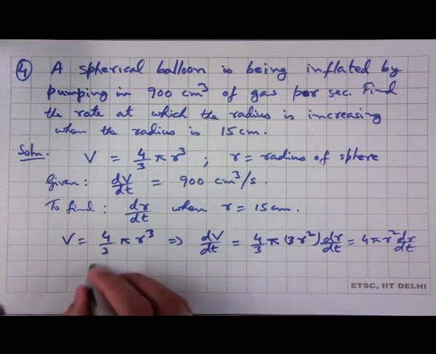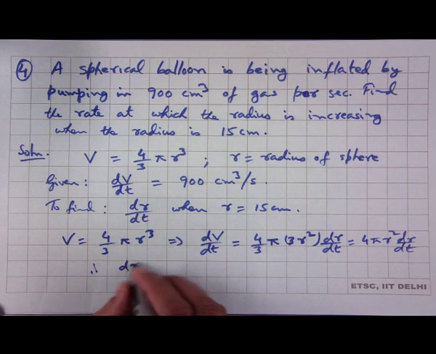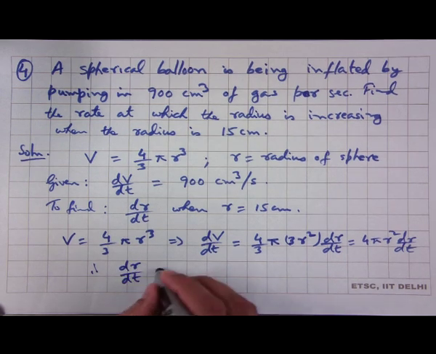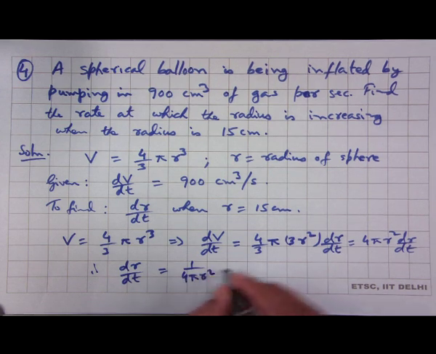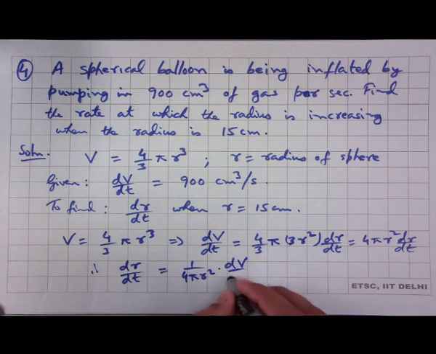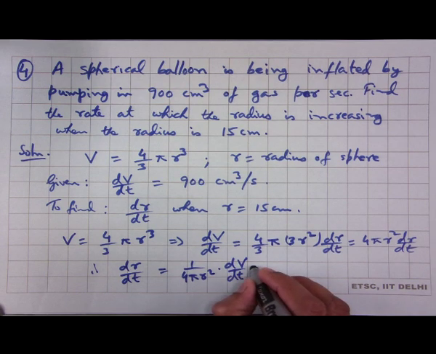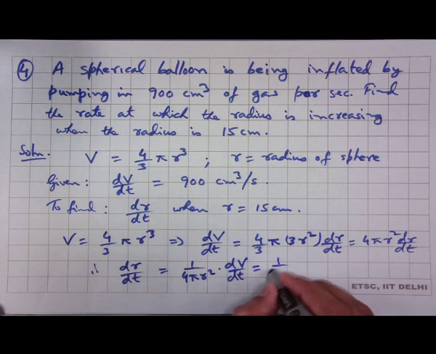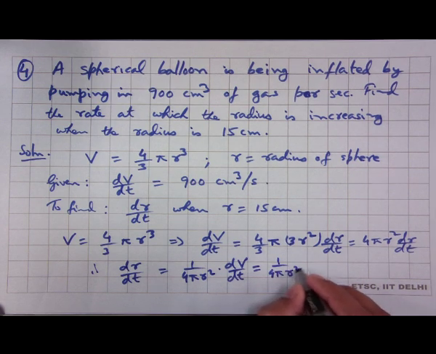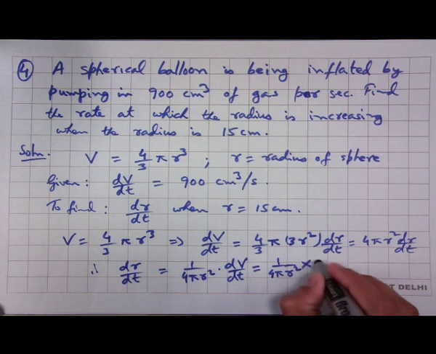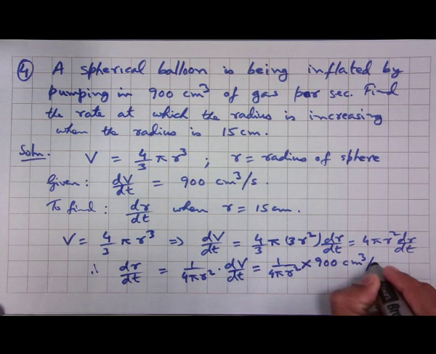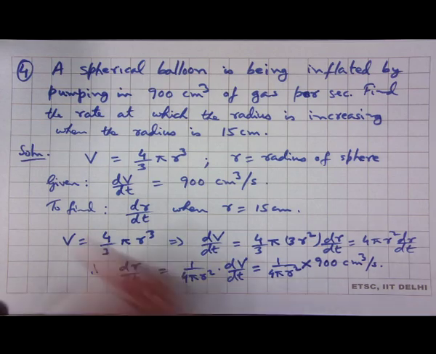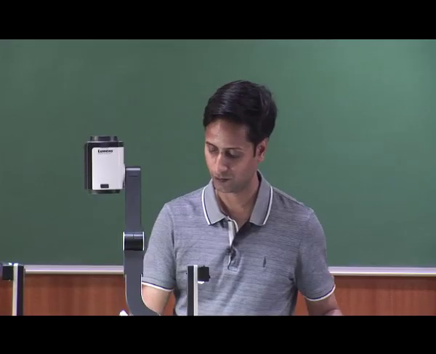So, therefore, dr/dt is equal to 1 by 4 pi r squared times dV/dt, which is equal to 1 by 4 pi r squared times 900 cubic centimeters per second. And then we have to calculate this when r is 15 centimeters.